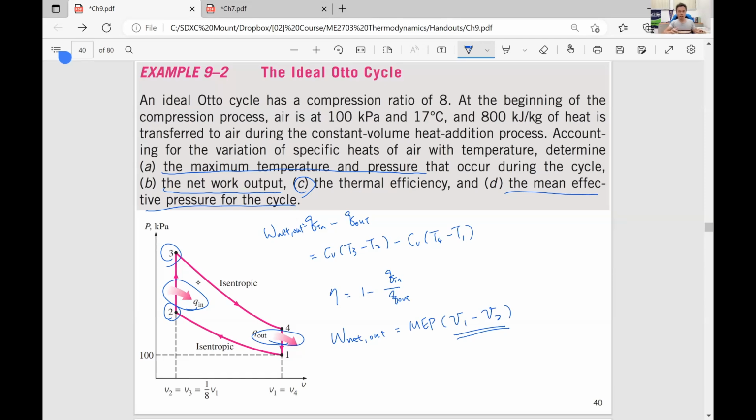Don't forget, this is a gas power cycle, so don't forget PV equals RT, where R is the gas constant. You know the temperature, you know the pressure, so you know the specific volume. That's why basically in chapter 9, all the problems essentially ask you to find out the temperature and pressure for every state. So let's try.